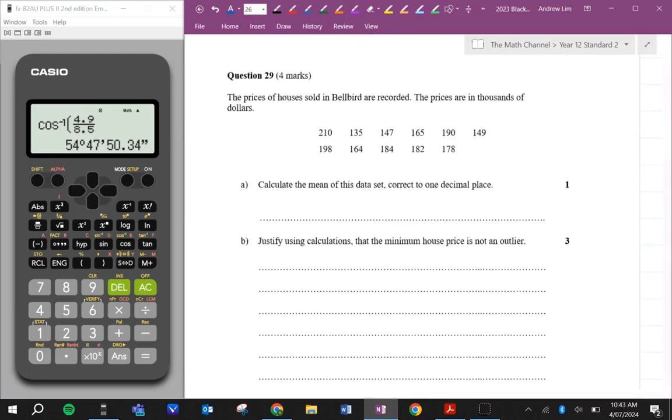Question 29. The prices of houses sold in Bellbird are recorded. The prices are in thousands of dollars. Calculate the mean of this data set correct to one decimal place.